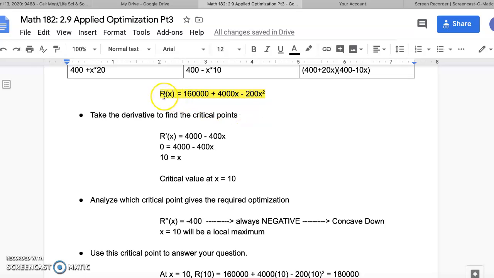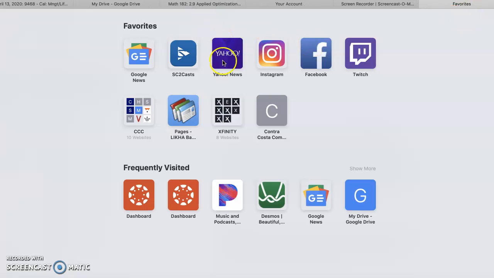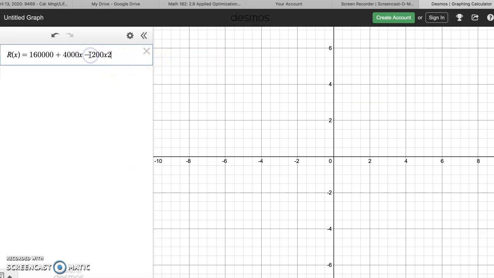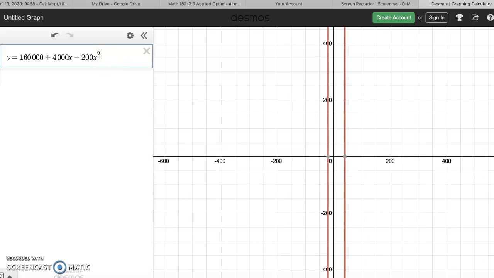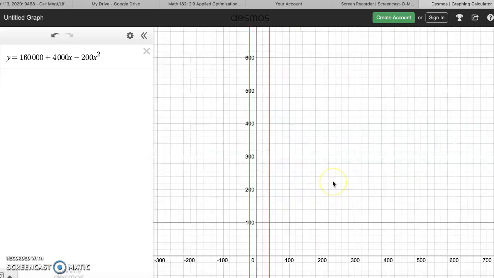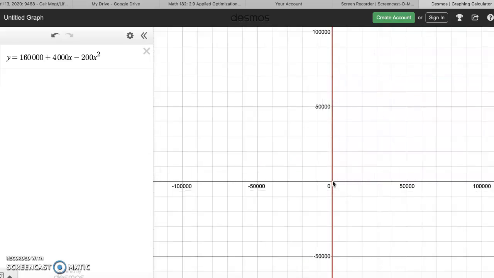Now let's take a look at this function with the graph, and let's see what we get. So I'm going to go ahead and go to Desmos, and let's confirm. And so if we scan out, we see our parabola, which is indeed over there. And if I scan out, oh, that's pretty high.